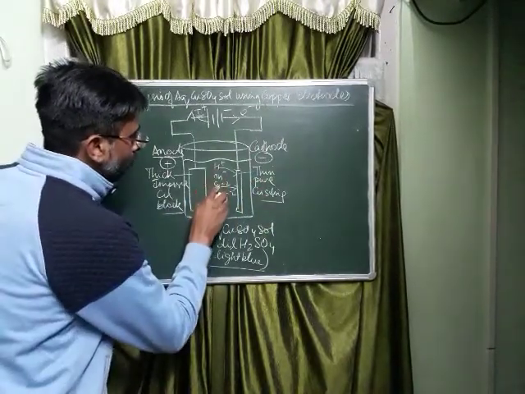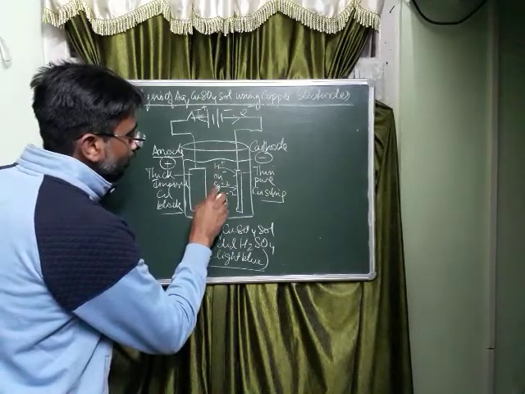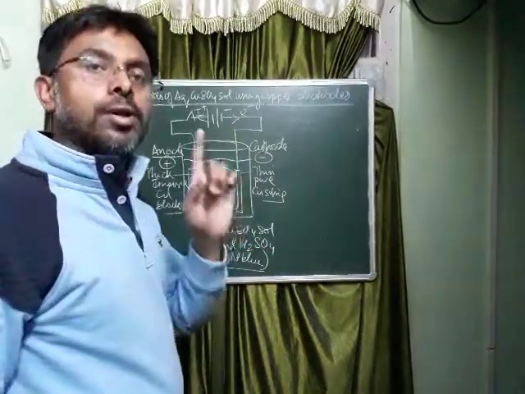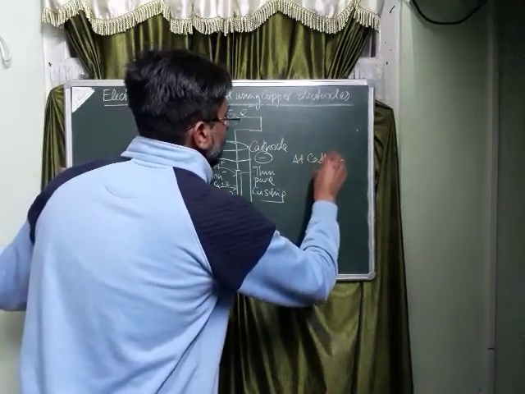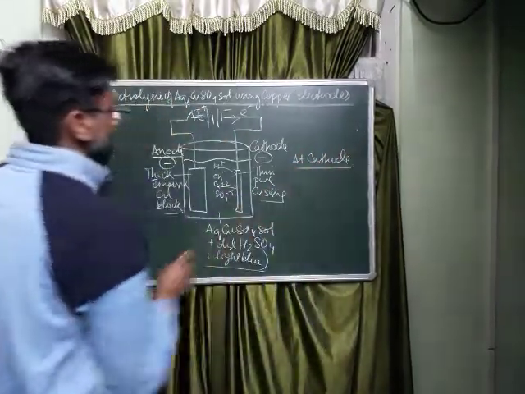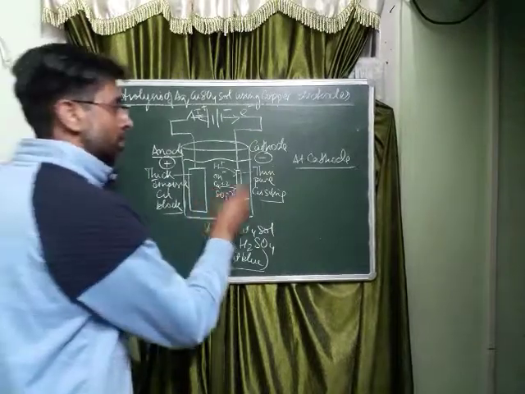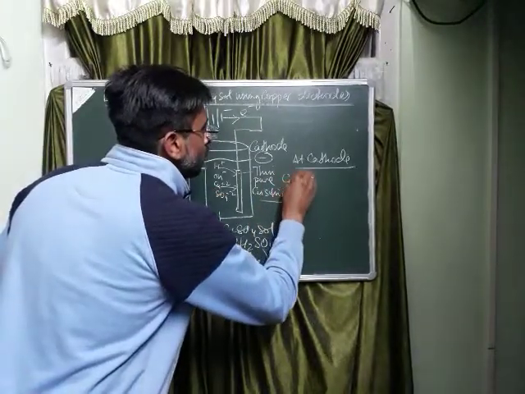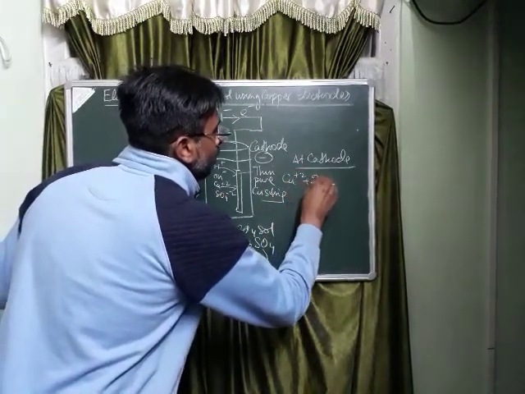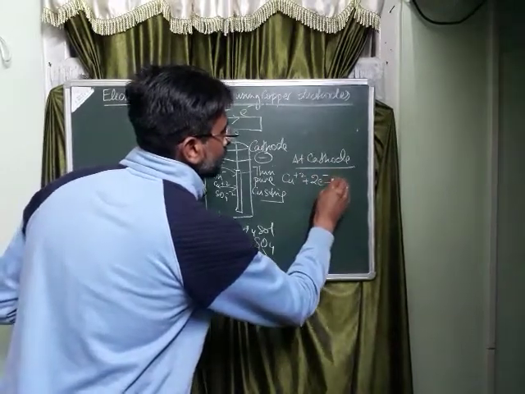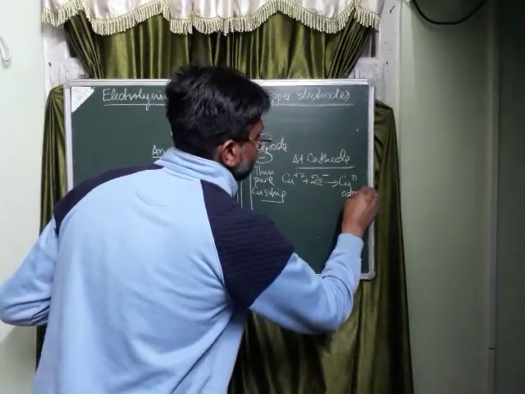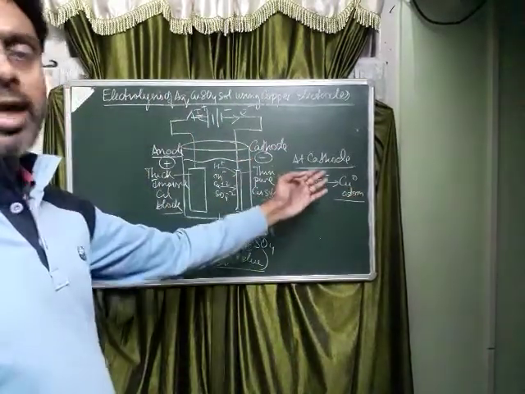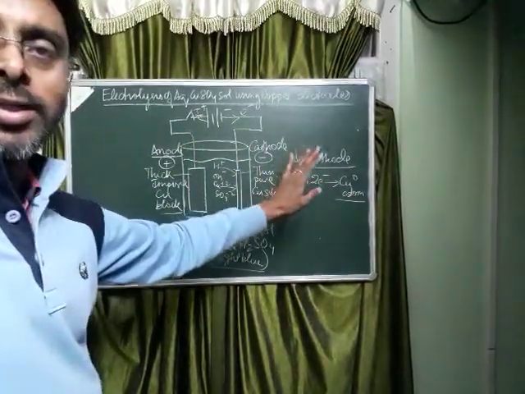Between hydrogen and copper, since copper is lower in the electrochemical series, at cathode it is the copper ion which will discharge. So what happens? Cu²⁺ will take up 2 electrons and it forms copper atom. So that is the reaction happening at the cathode. That is very easy.